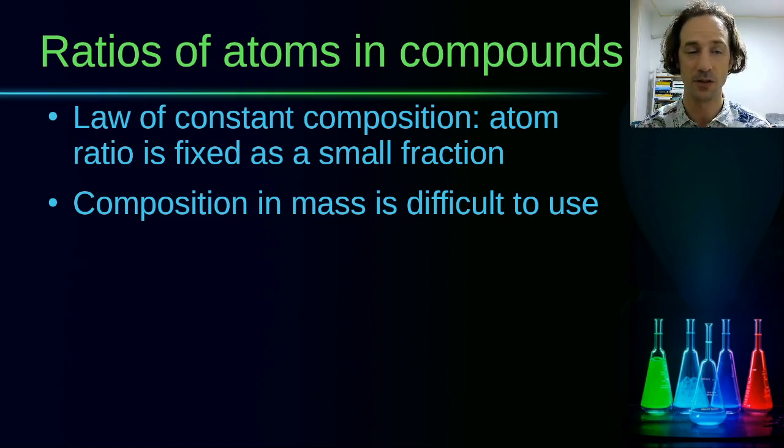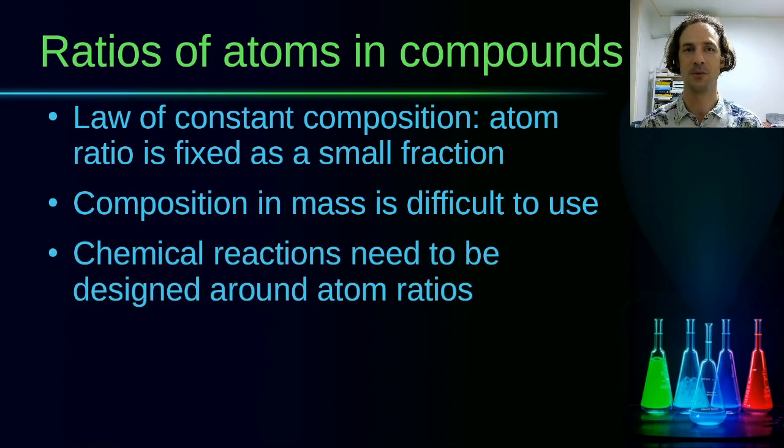difficult to use. Those are not small fractions because the ratio of the masses of the different elements, or rather the masses of the atoms in those different elements, are going to be kind of random, and those ratios will not be numbers one can easily use. But when it comes to chemical reactions, atoms cannot be generated from nothing, and they also never disappear.